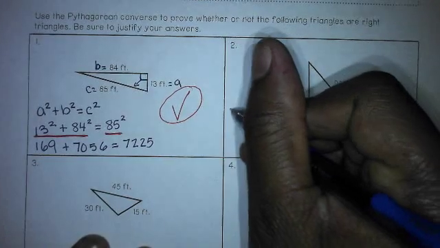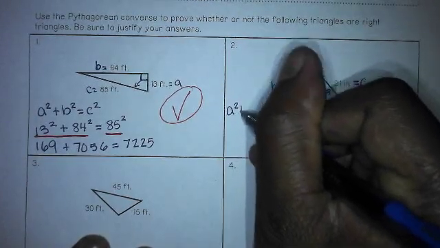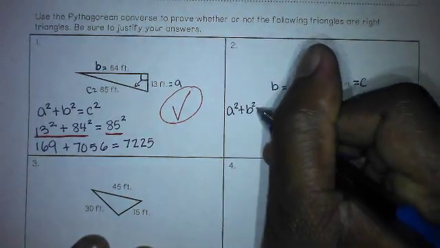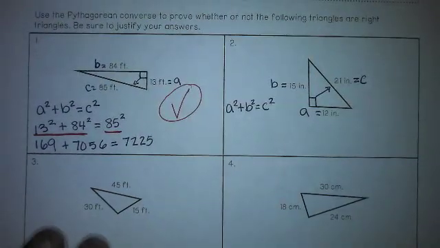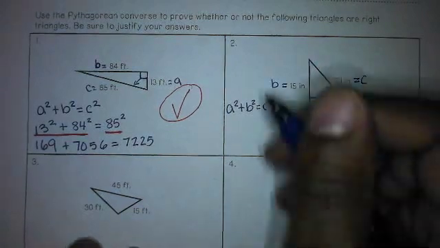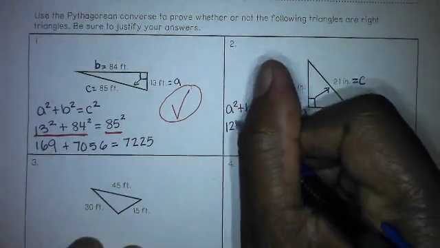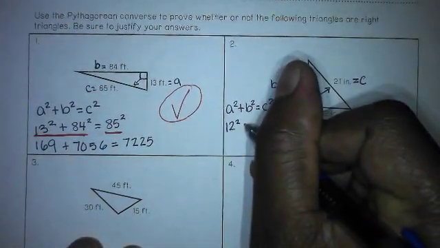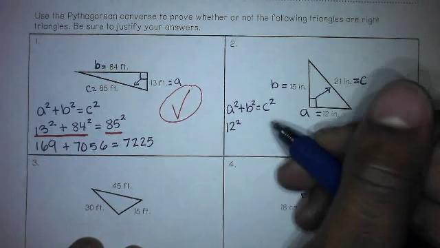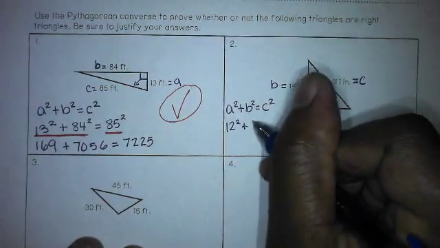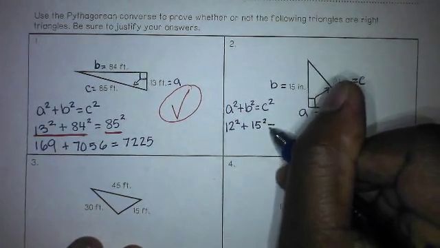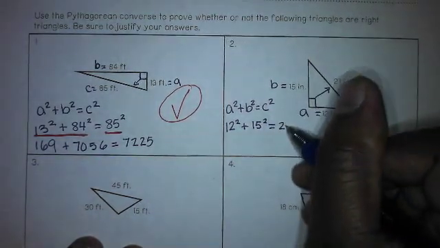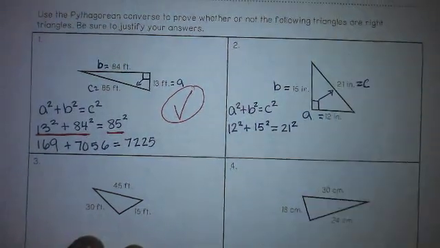And again, our formula is A squared plus B squared equals C squared. And we want to make sure that this is true. A is 12, so I'm going to have 12 squared. Okay. B is 15, so I'm going to add 15 squared, which should give me 21 squared. Okay.